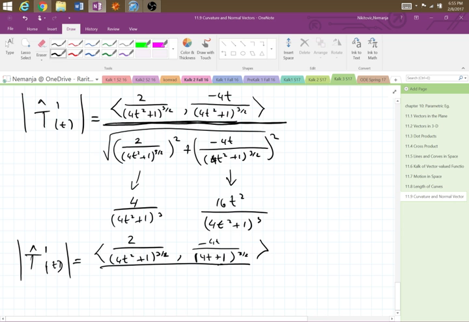Put that in front of the integral. The square root.